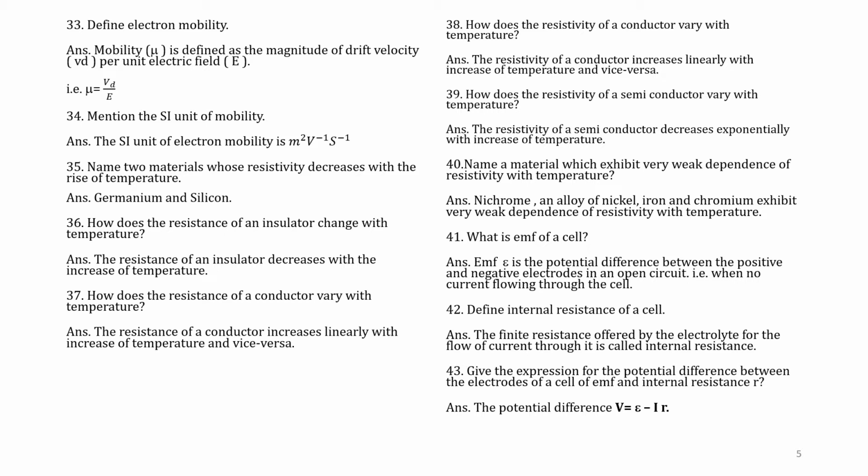The relationship is given by, please remember, the potential difference V is equal to E minus Ir, where V is the potential difference, E is the EMF, open circuit voltage, I is the current through the circuit, and r is the internal resistance.